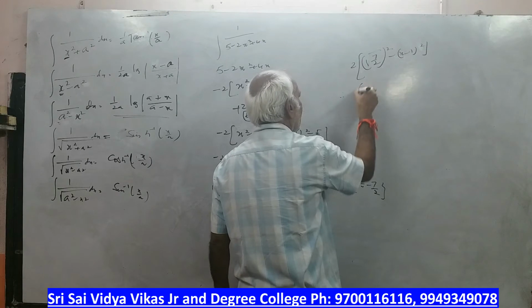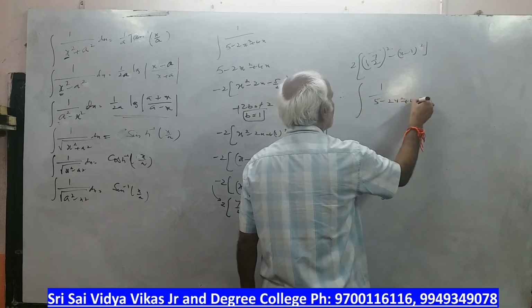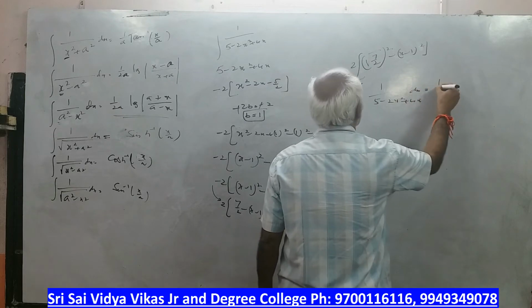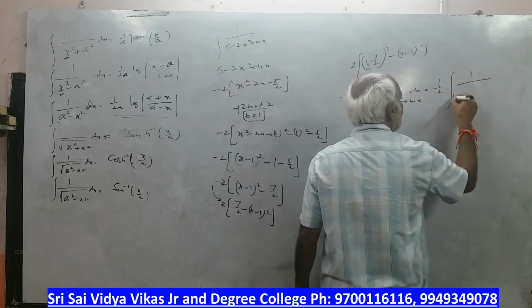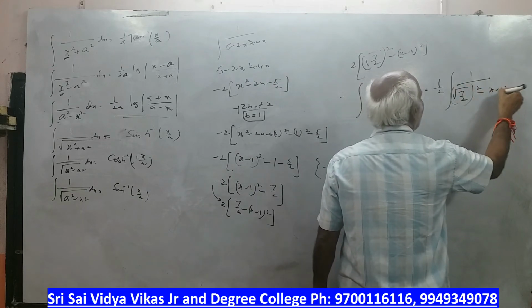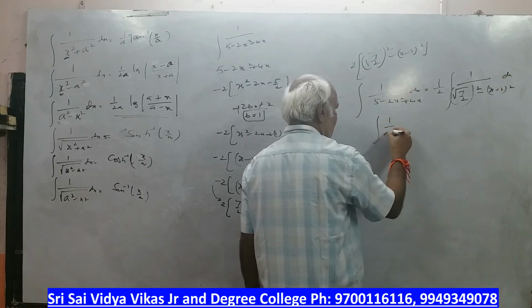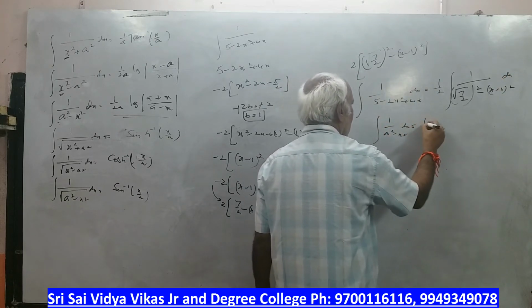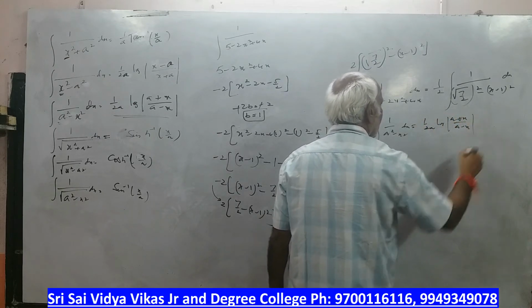Therefore, integration of 1 by, I am writing the problem, is equal to, what is the common I have taken? 2, and 1 by root of 7 by 2 whole square minus x minus 1 whole square. So which formula? 1 by 2a log of a plus x by a minus x.